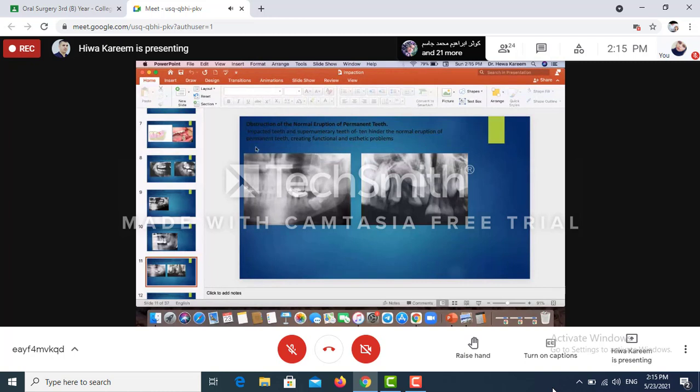Other indication, obstruction of normal eruption of the permanent teeth. This is an impacted third molar that prevents eruption of the second molar. This second molar has not erupted into the dental arch due to the impaction of the third molar.